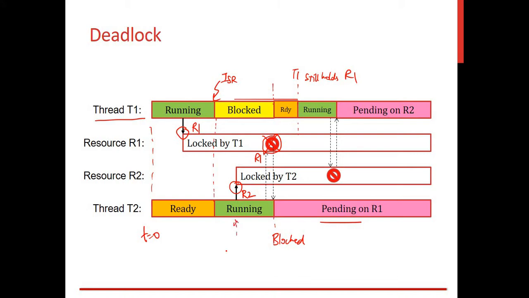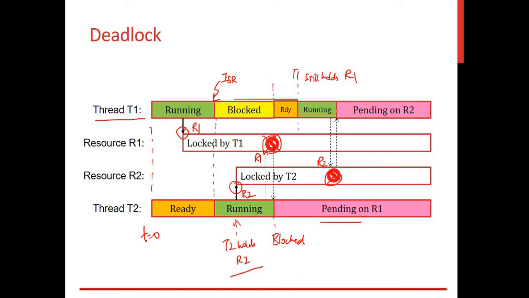When T1 resumes and at some point tries to acquire resource 2, it gets blocked. Why? Because T2 is still holding on to it. Since it gets blocked, it goes to a pending or block state.